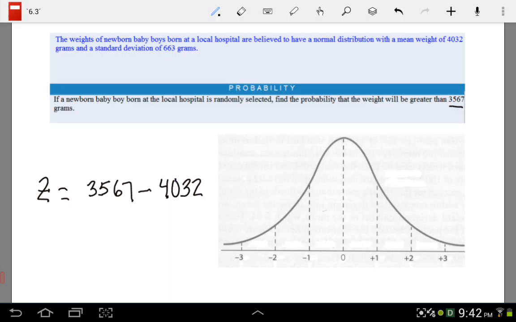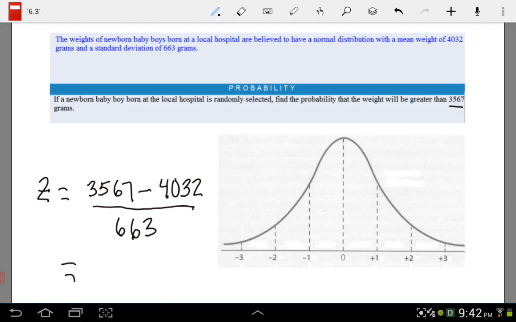Minus our mean, and then recall, divided by our standard deviation, which was 663. Okay, so now we're going to calculate that. Let me get my calculator here. Okay, finally got it now.